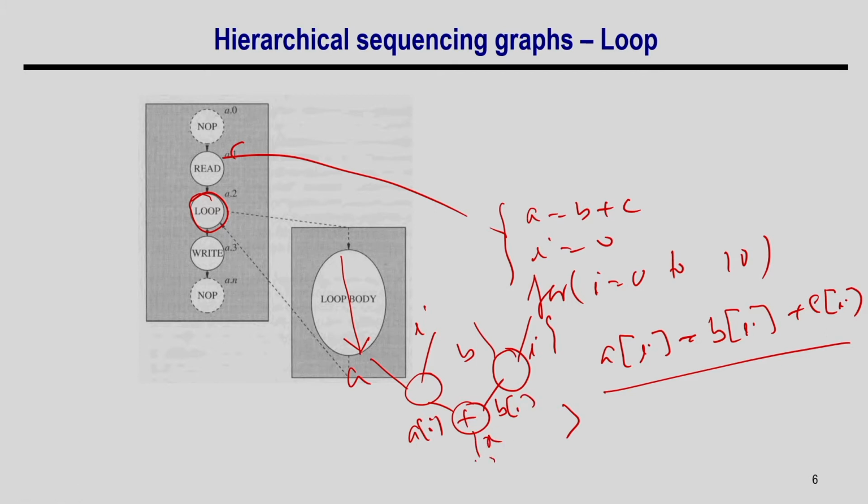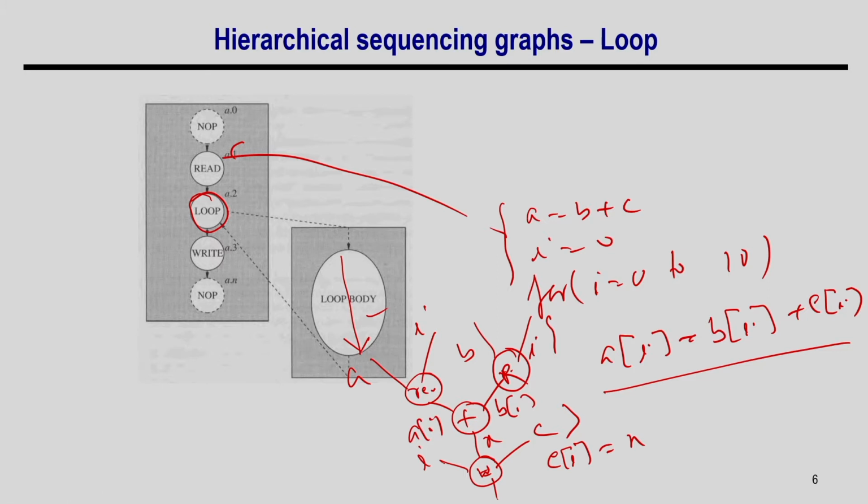Then you have another node where you give i, c, and x, and here an equal operation happens, where c[i] equal to x. So, this is a read operation, this is read, and this is write, and this is a plus operation. This is how you can draw this sequence graph for the loop body.